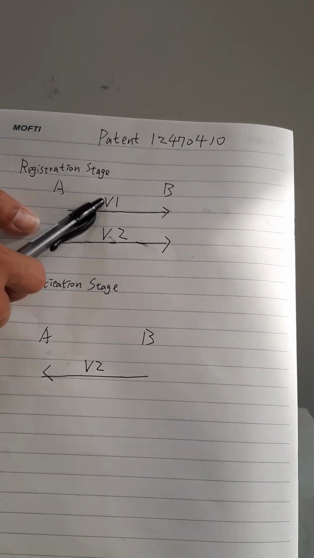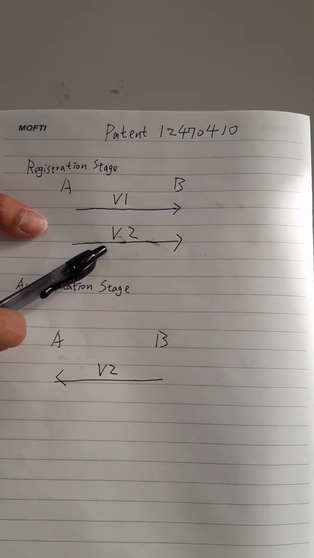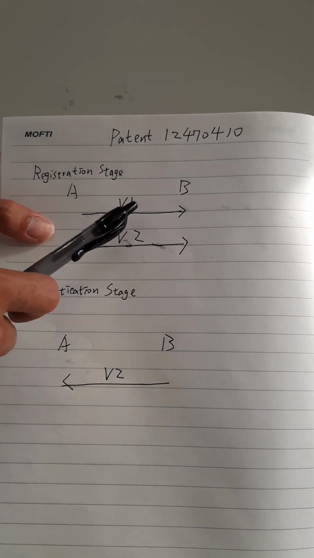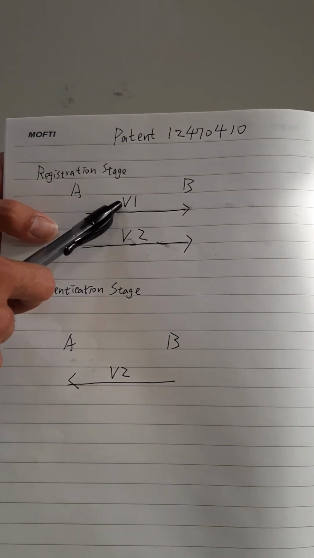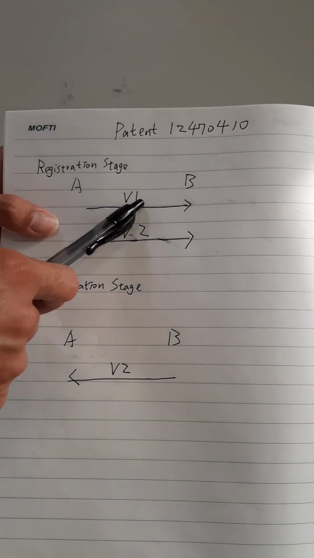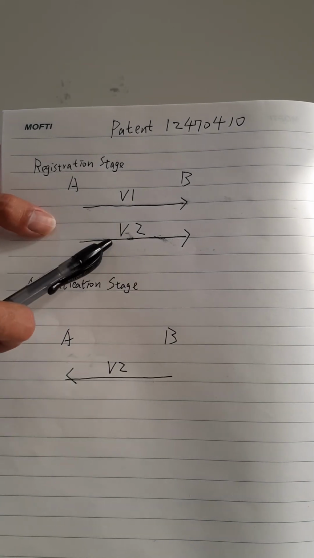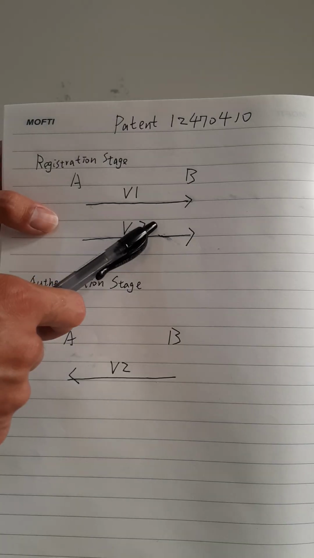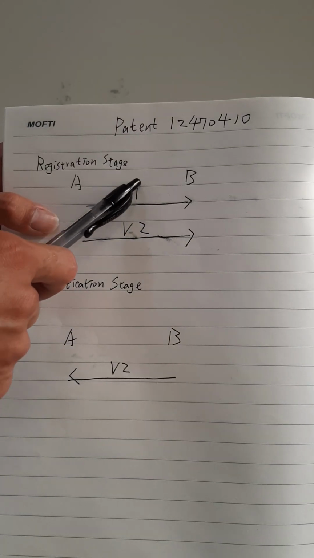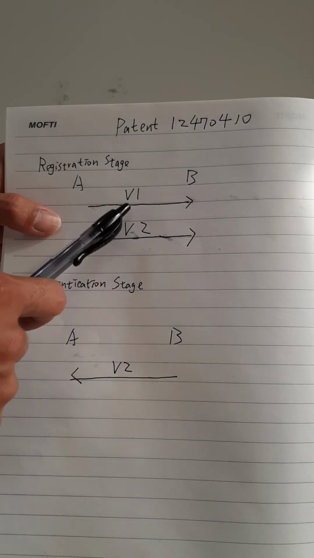So what is the relationship between V1 and V2? V2 is a message authentication code of V1. So we use V1 as an input to the message authentication code function, and V2 as the output of the message authentication code function.